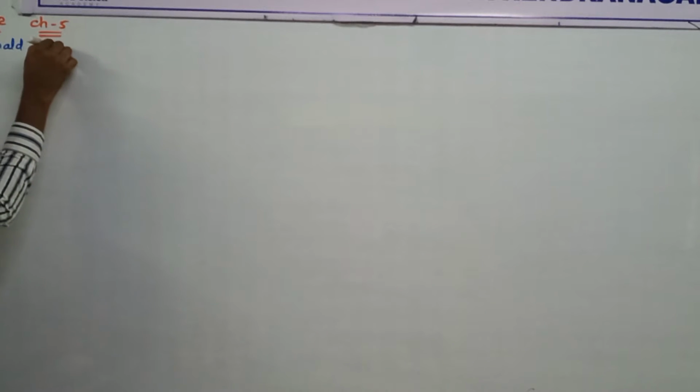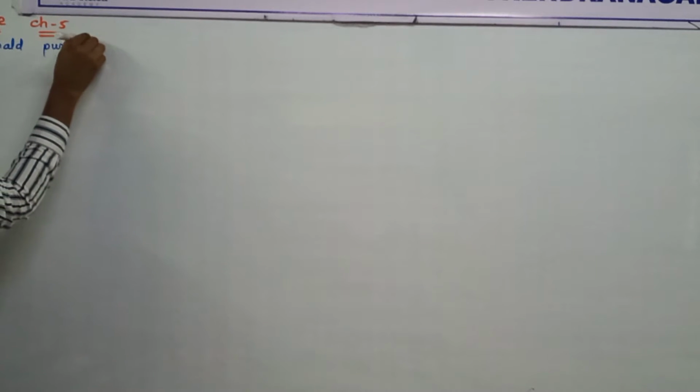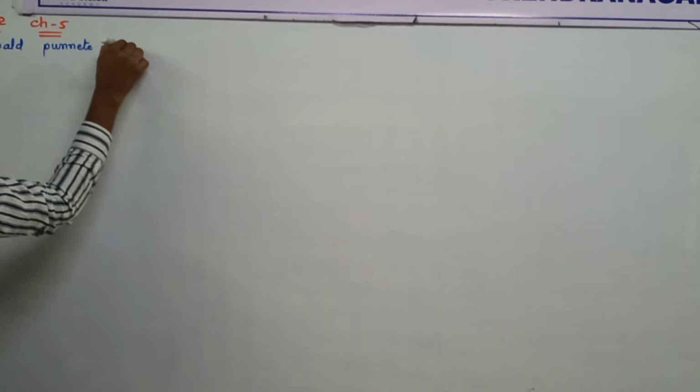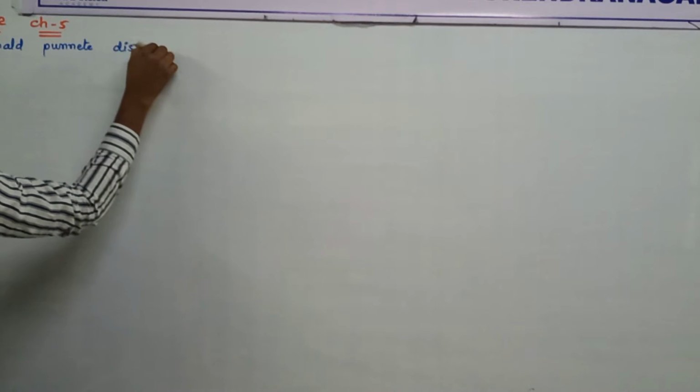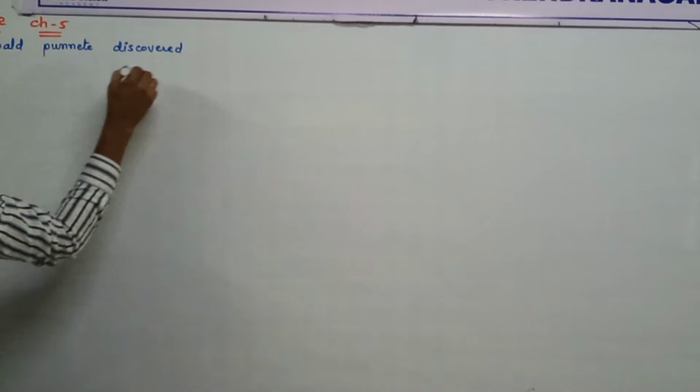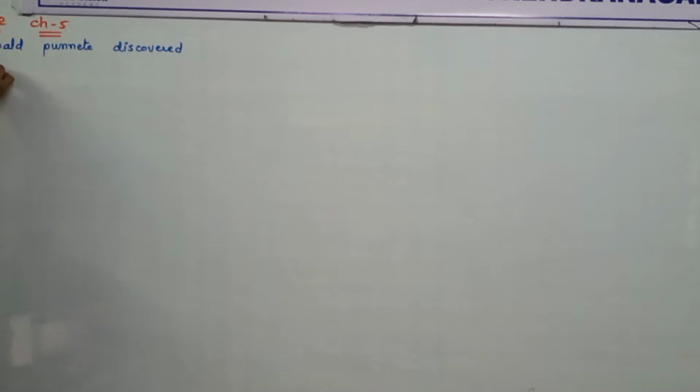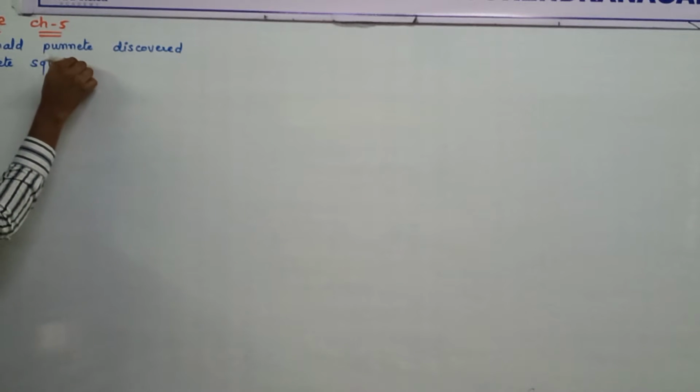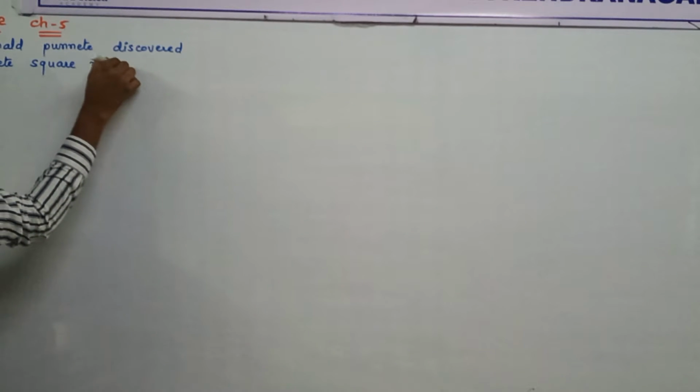Reginald Punnett discovered the Punnett square method.